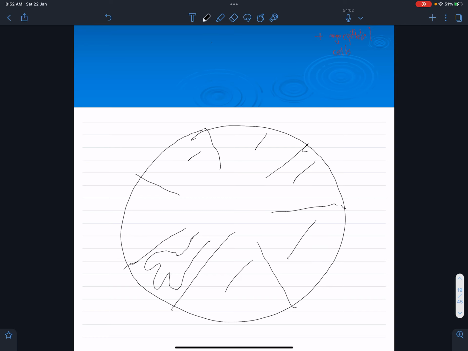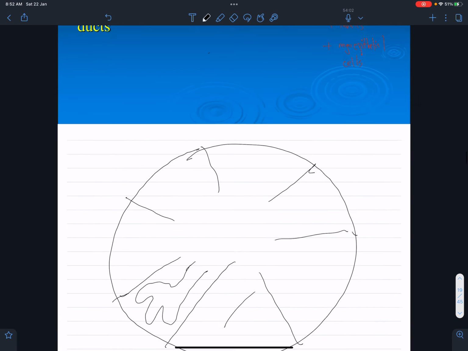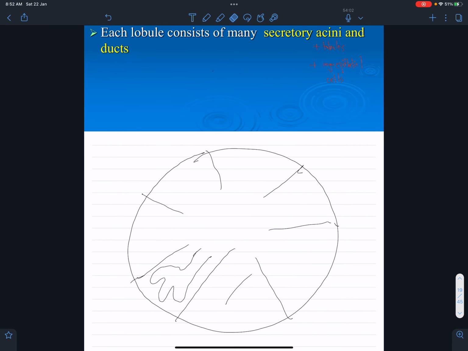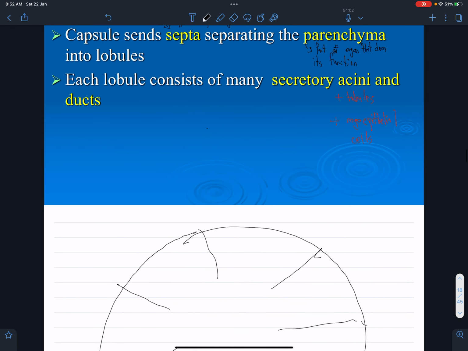Within these lobules are two important things that make up your salivary gland parenchyma, okay? Let me draw it right here on top so you can understand it, because we're going to need it later on.